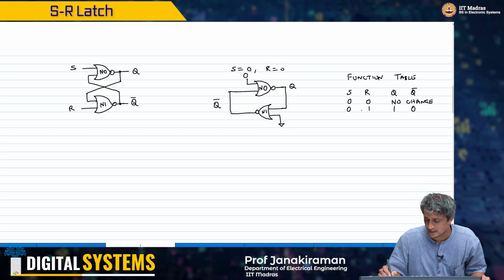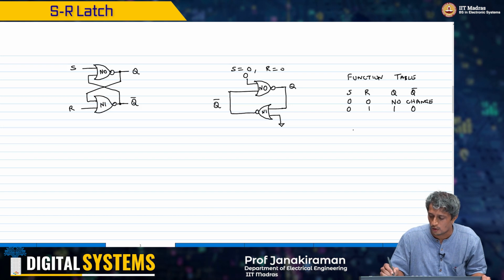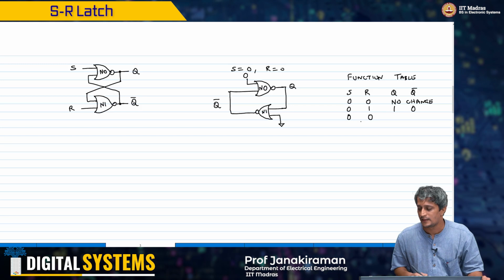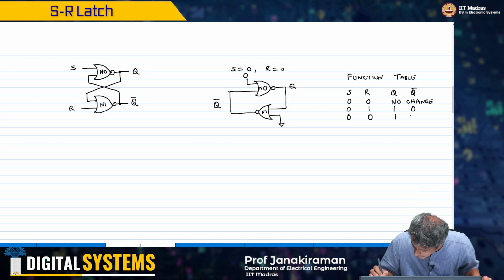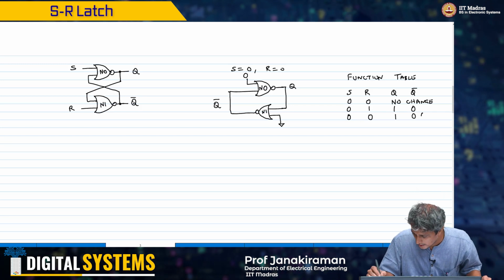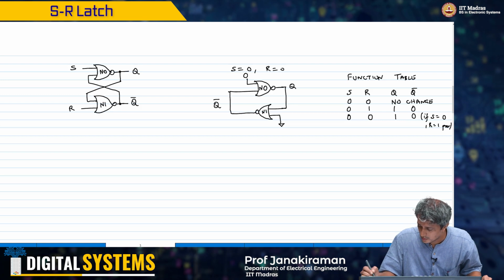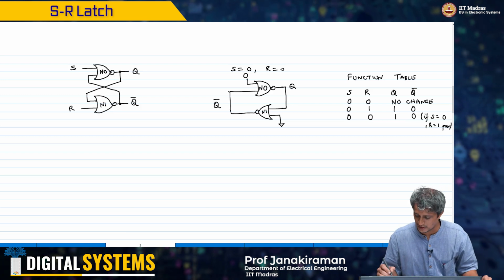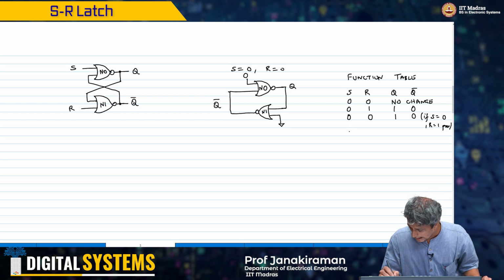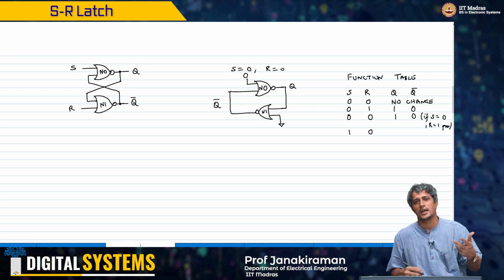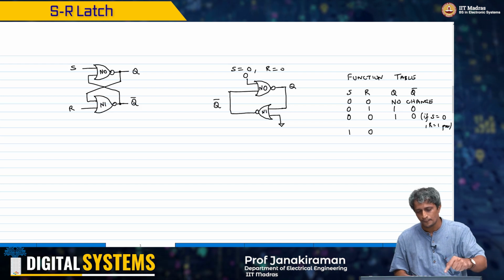Now from this state, from 0, 1 state, if I switch my S and R to 0, 0 again, then it will simply hold this state as it is. This is if S equal to 0, R equal to 1 previously. Now, if I reverse this to 1, 0, then I have to analyze this in exactly the opposite way.